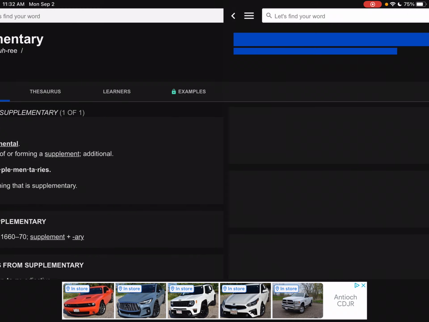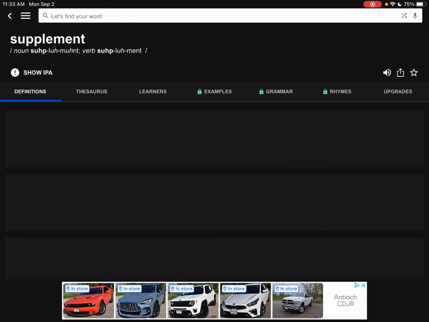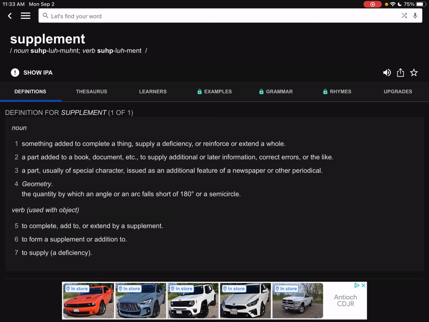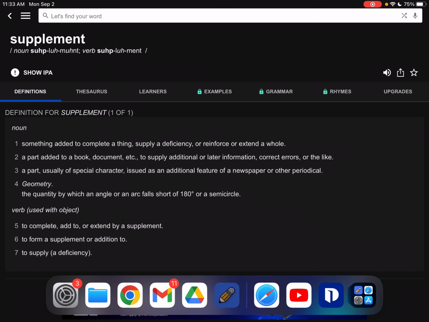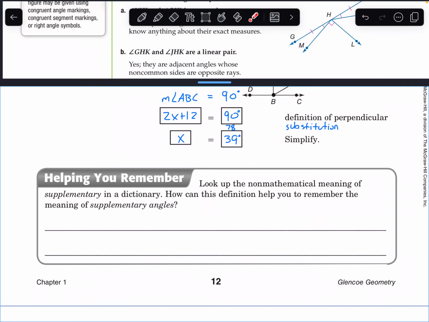Okay, what's a supplement? Forming a supplement. Something added to complete a thing. Part added to a book or document, part usually geometry. Yes, the 180. Something added to complete a thing. Supplementary, so added.